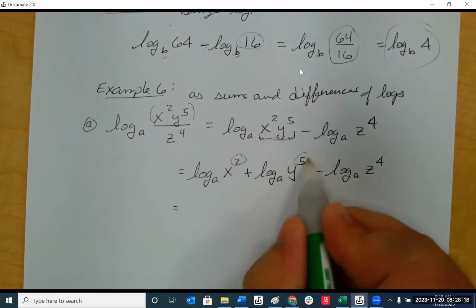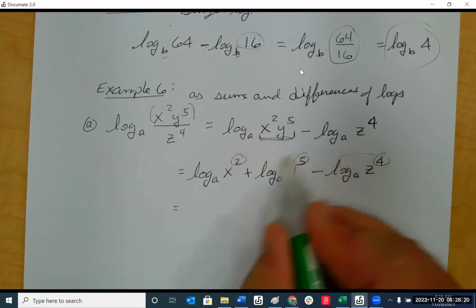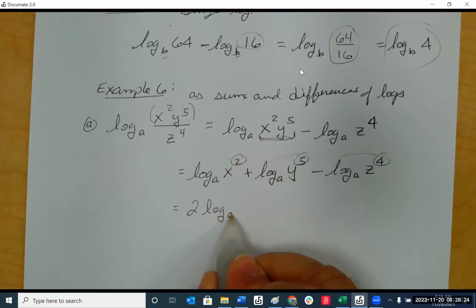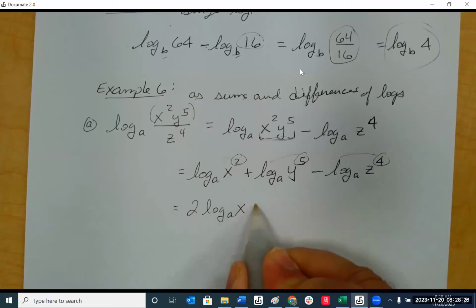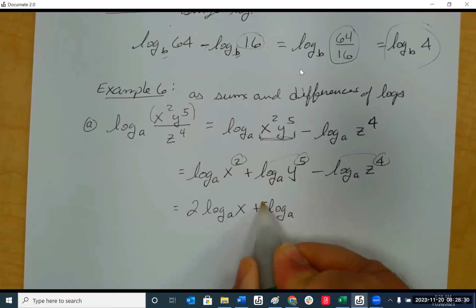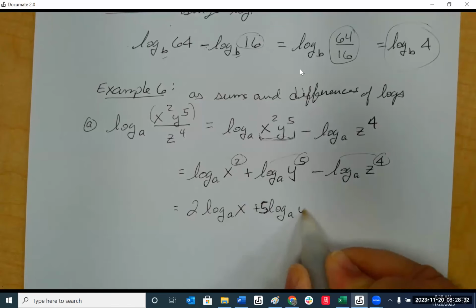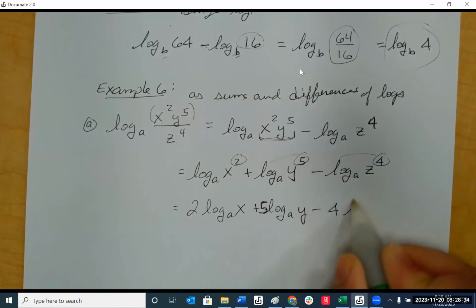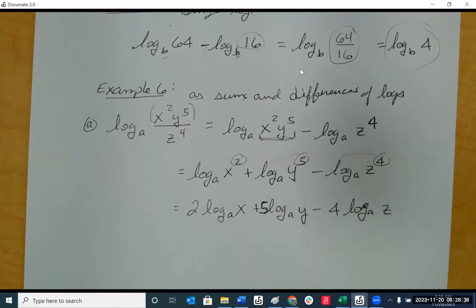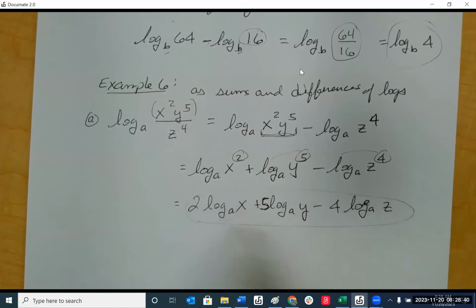Since you can't have exponents, those all have to come in front. This is 5 log y minus 4 log base a of z. And that's your answer.